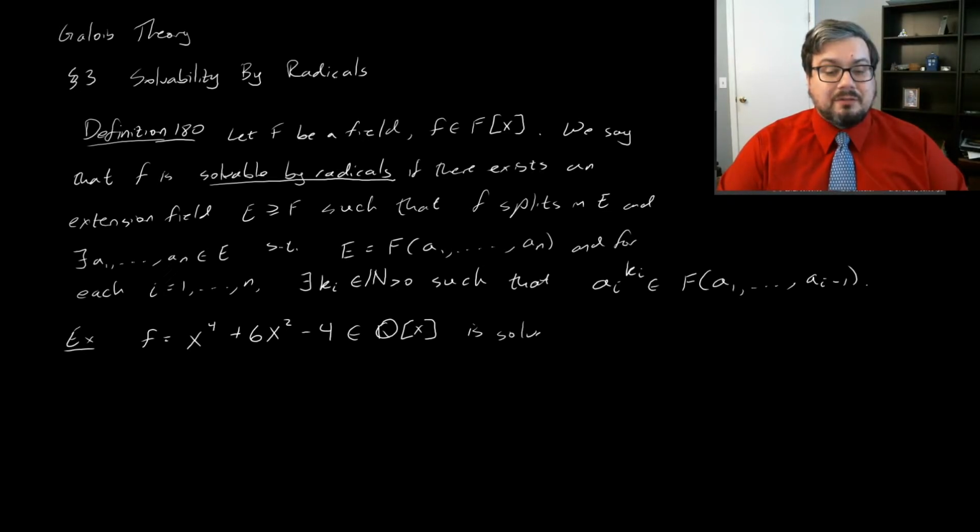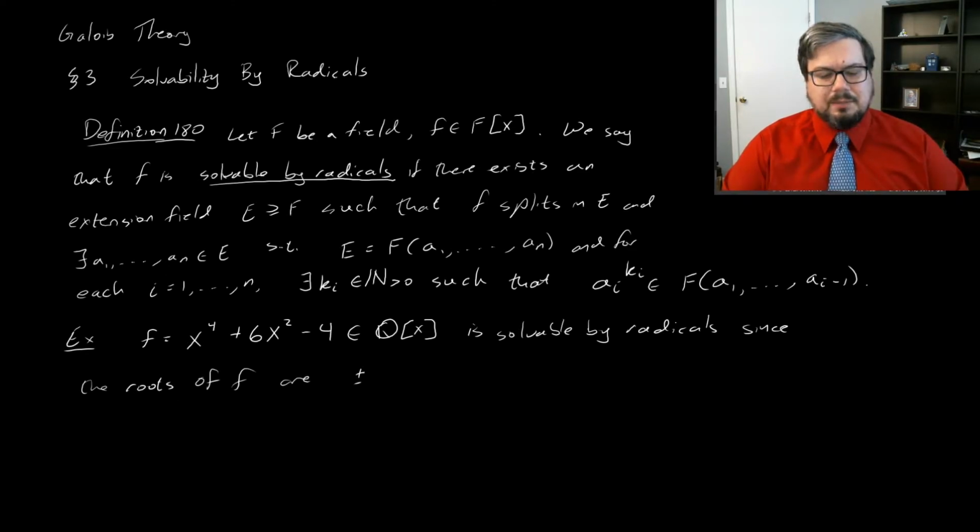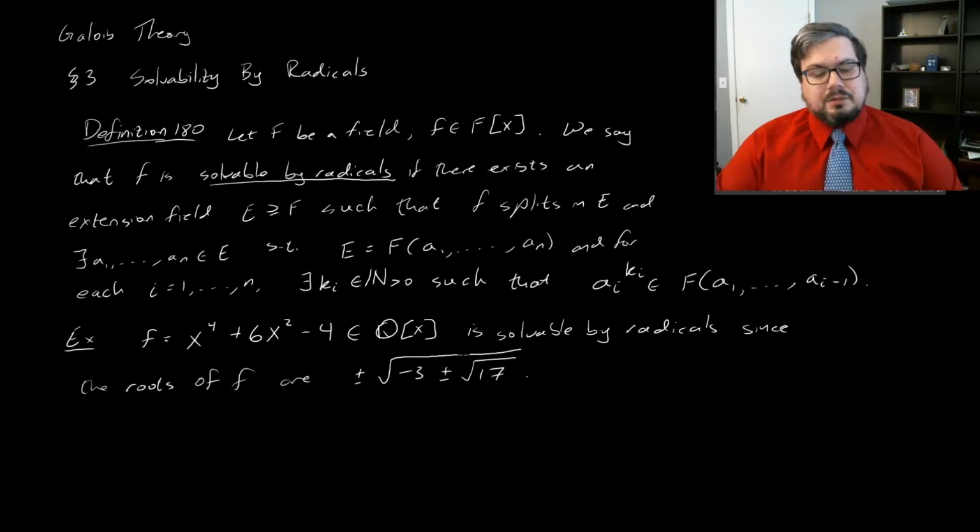This is solvable by radicals, since we can use the quadratic formula to find that the roots of f are plus and minus the square root of -3 plus or minus the square root of 17. Now, these roots here don't immediately satisfy this condition required by the a1 through an.